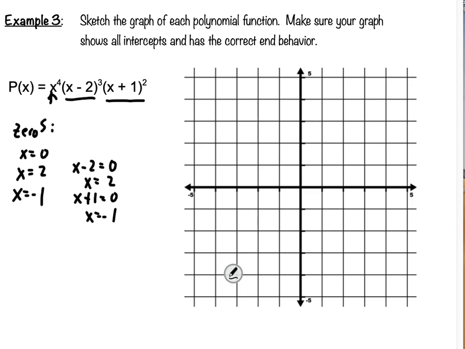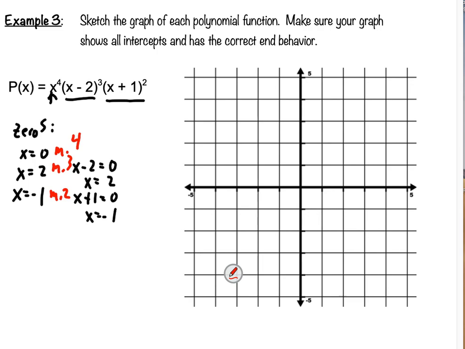So those are our zeros. Now let's state our multiplicity. At 0, it's to the 4th power, so it has a multiplicity of 4. The second one, x equals 2, has a multiplicity of 3 because of the power of 3. And then at x equals -1, it has a multiplicity of 2.